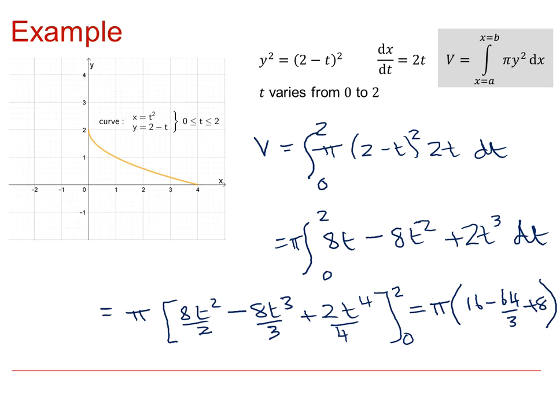Or you could just do all this on your calculator, I'm sure you will. But you will end up with 8 pi by 3, and remembering that's a volume, so you need to think about your units cubed if you're given units in the question.